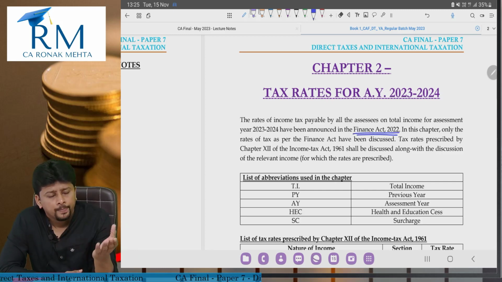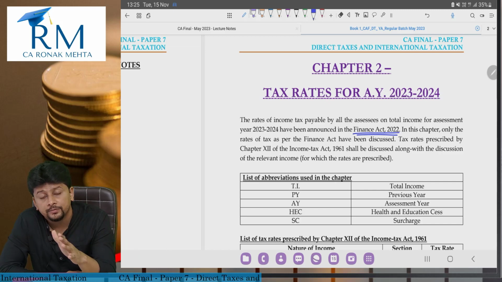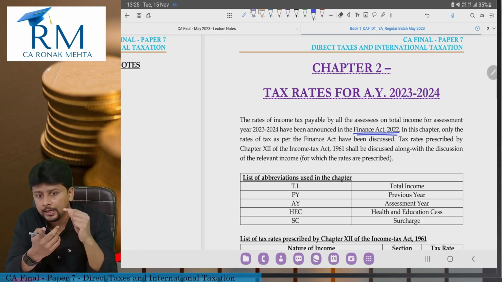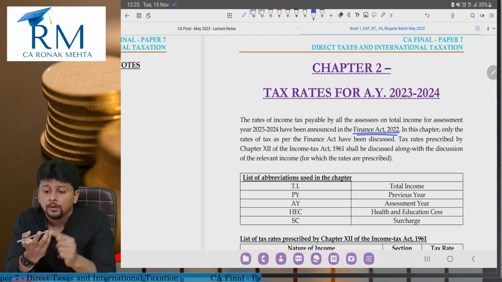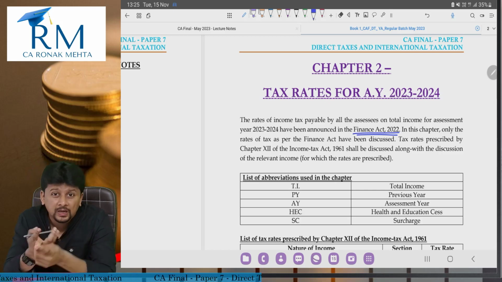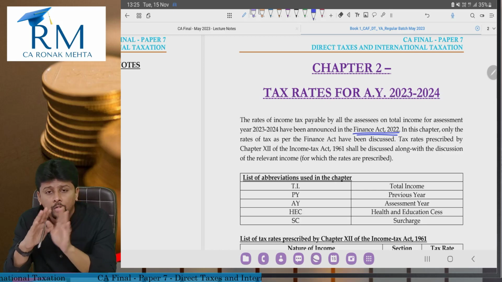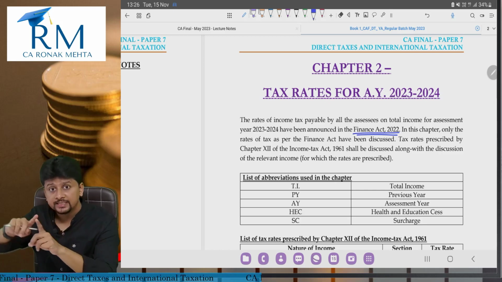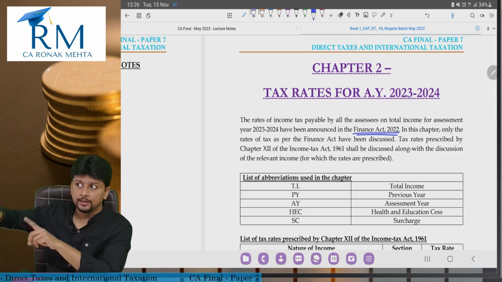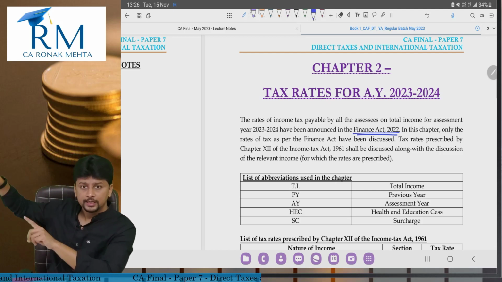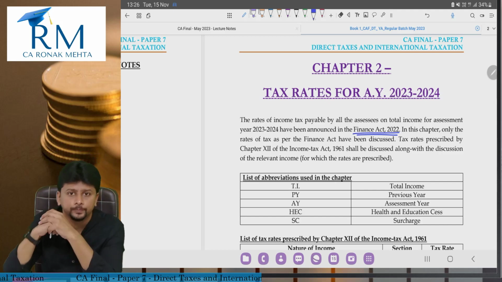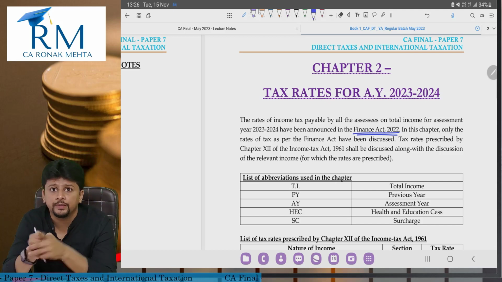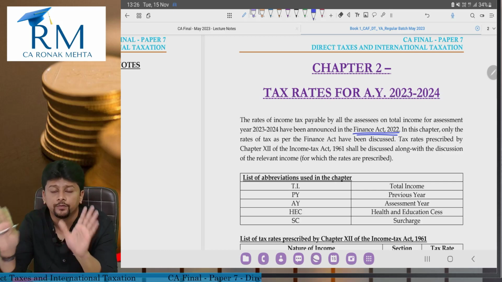All those special income tax rates, for short-term capital gain, long-term capital gain, winnings income, and undisclosed income, we will discuss as and when we take up that particular chapter. We will study that income and discuss the rate of tax also. So when we study capital gains, we will at that point of time study short-term and long-term rate of tax.